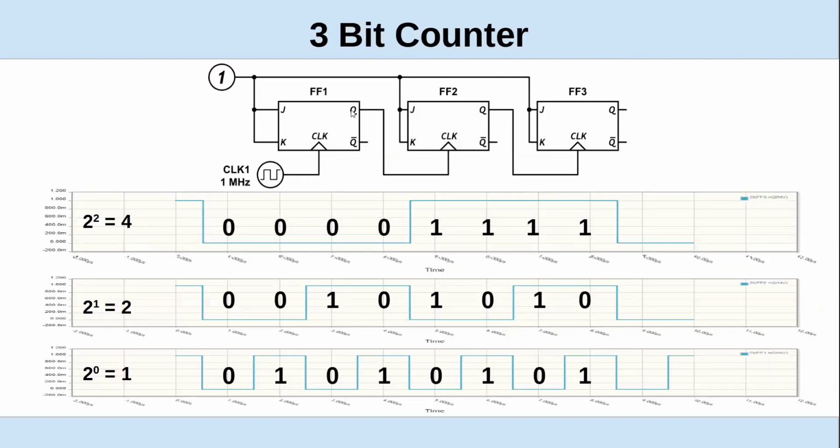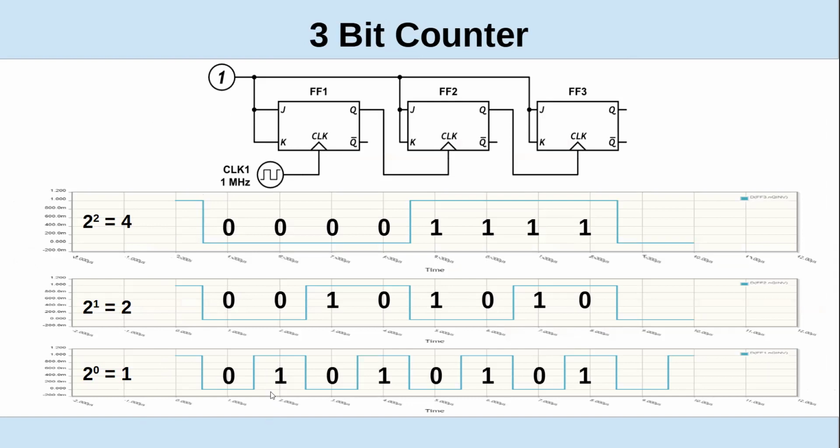Okay, here's how we can put them together to make a counter. In this case, it'll count up to 3 bits. So I'm not showing the clock coming in, but as it counts, we start off with all the stages at 0.